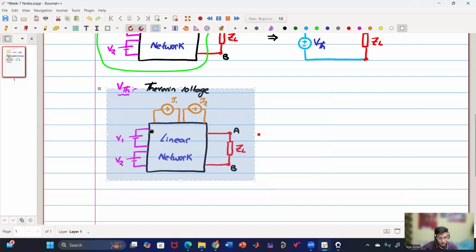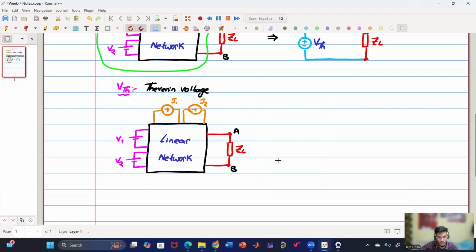Thevenin voltage is the open circuit voltage at the load. So once you disconnect the load, okay, now what is the voltage that you are getting?